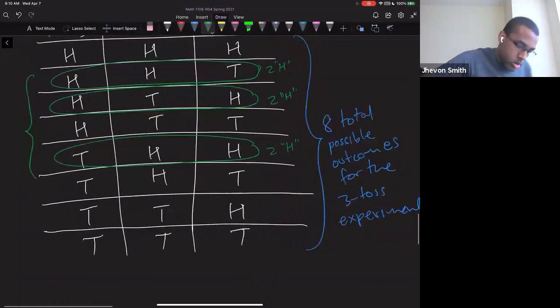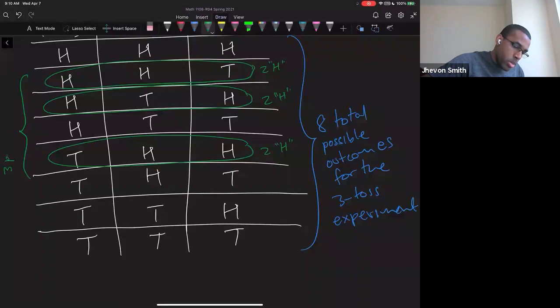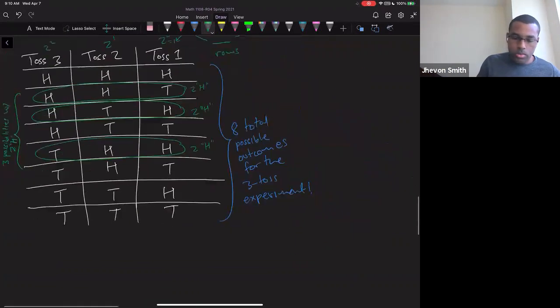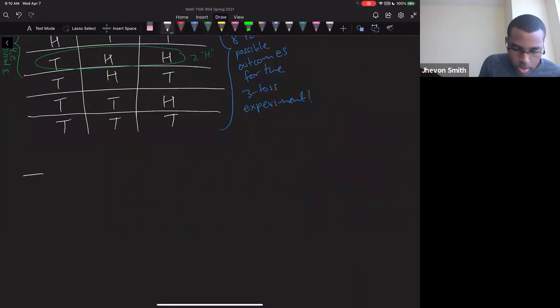So there are 3 possibilities with 2 heads, right? So this means the probability of 2 heads is going to equal 3 out of 8.